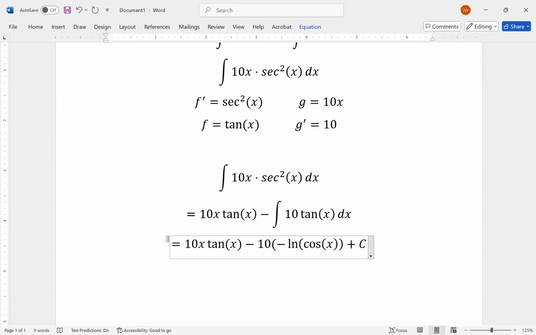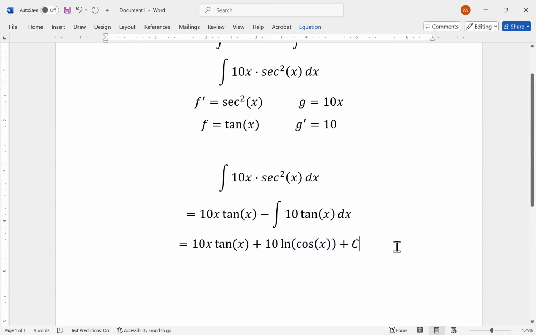Obviously, if we have negative times negative, that's a positive. So what I'm going to get is a positive 10 times the natural log of the cosine of x. So the antiderivative of tangent is the negative of the natural log of cosine of x.